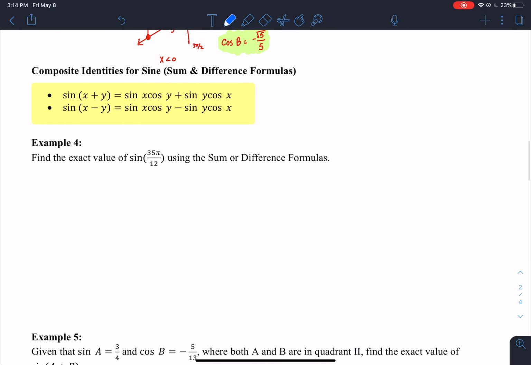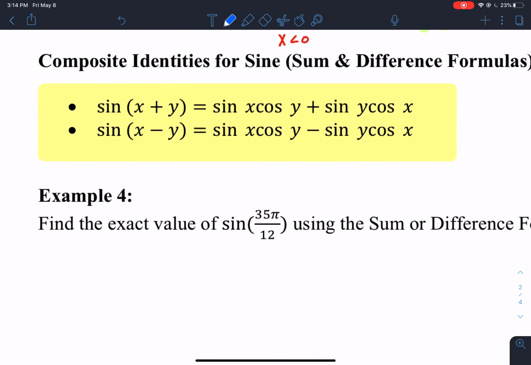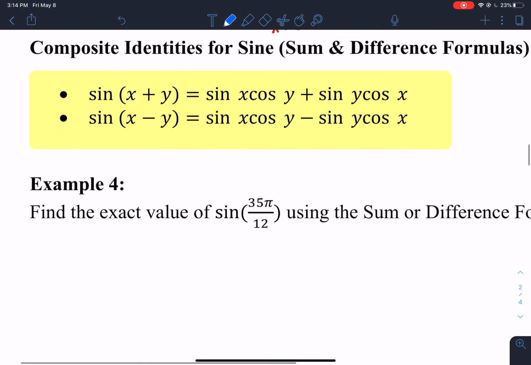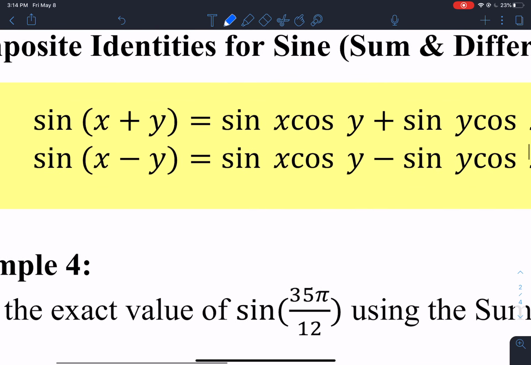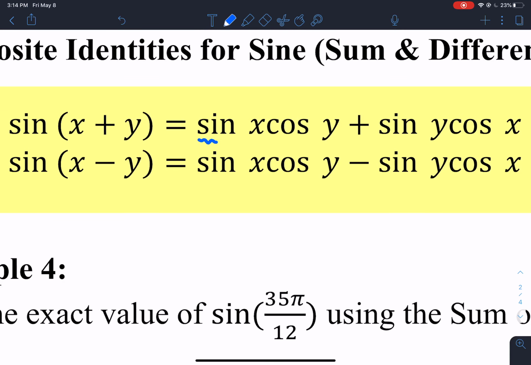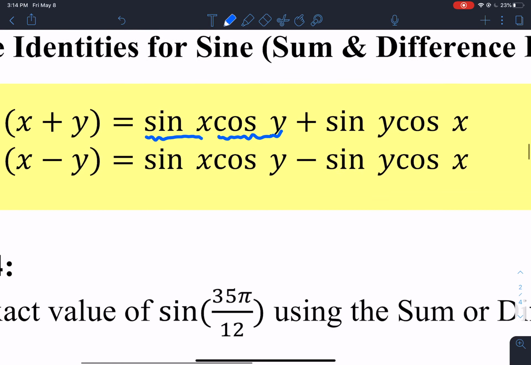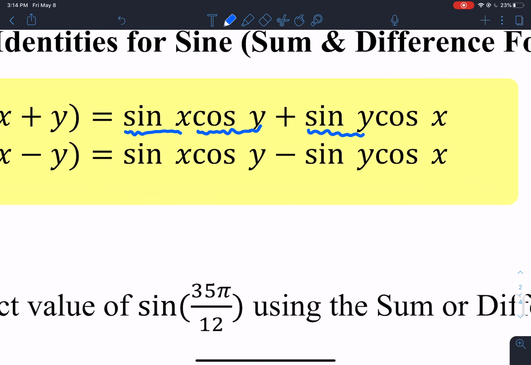Okay. So the next examples are for the sum and difference formulas now for sine. Now it's very similar, except it's the difference is where the sine and the cosine go. So if you're looking at sine of x plus y, it's sine of the first times cosine of the second plus sine of the second cosine of the first, all right?